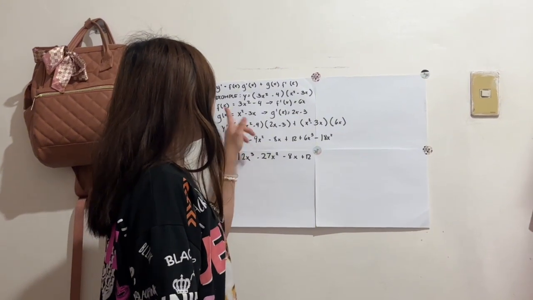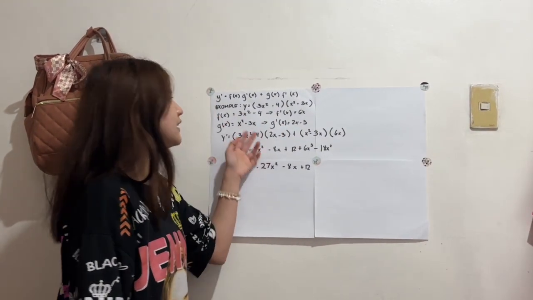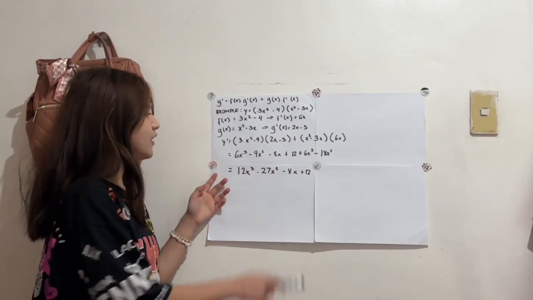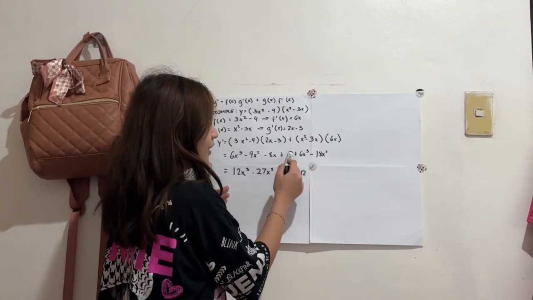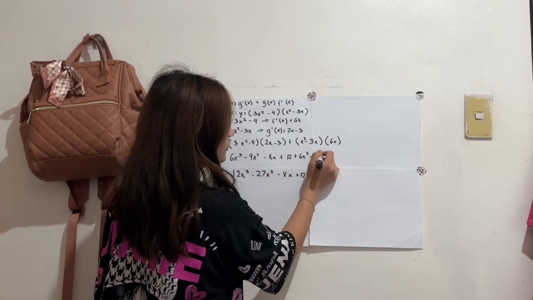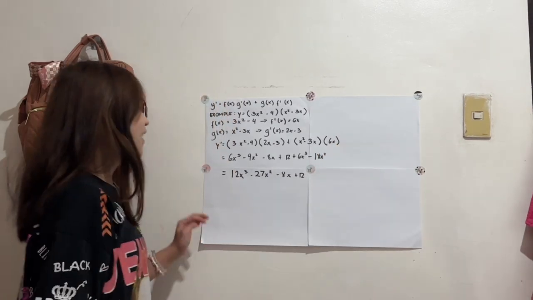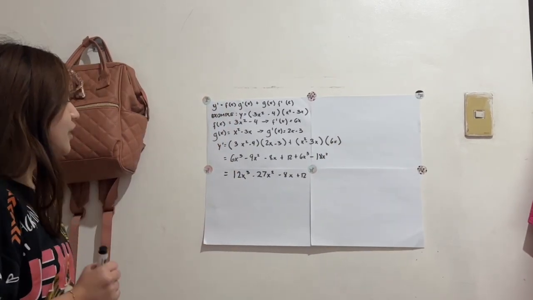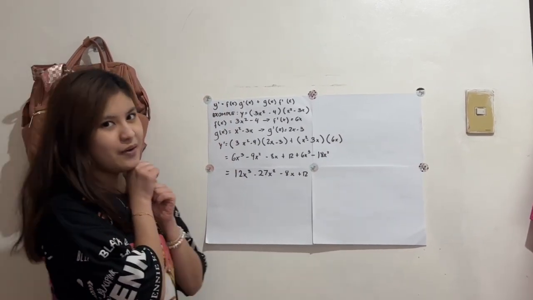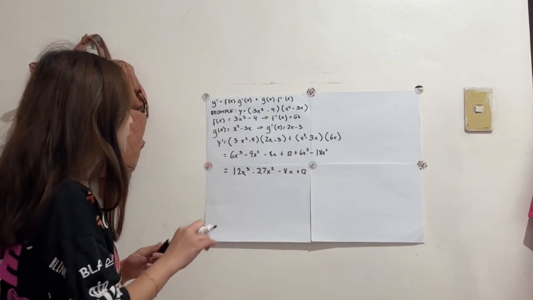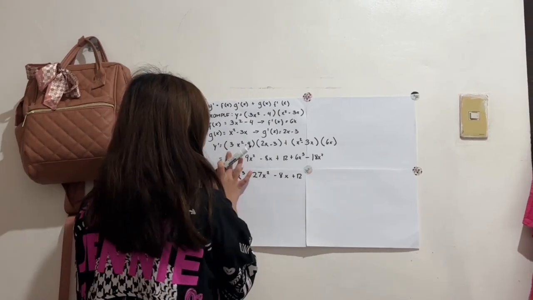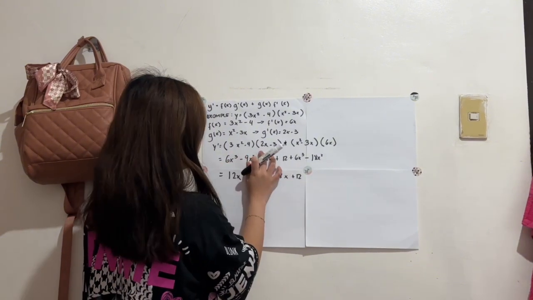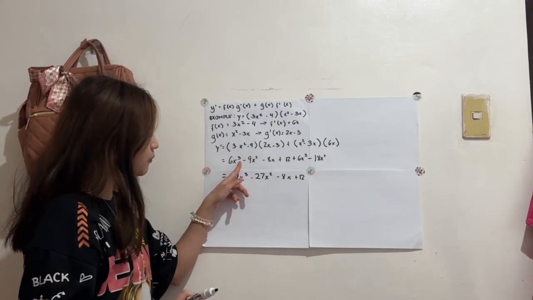And then, after that, we're just going to rewrite this using this formula. So, magiging 3x squared minus 4 times 2x minus 3 plus x squared minus 3x times 6x. And then, una, we're going to apply the FOIL method. So, 3x times 2x is equals to 6x cubed.